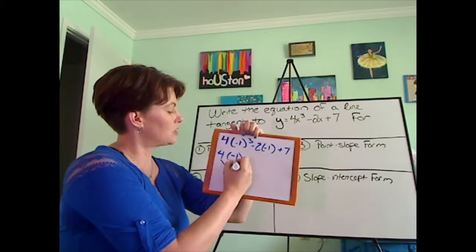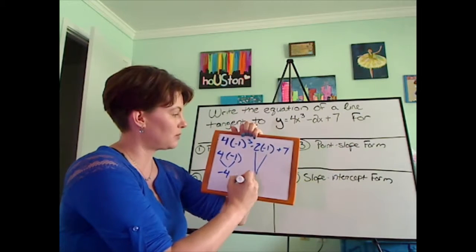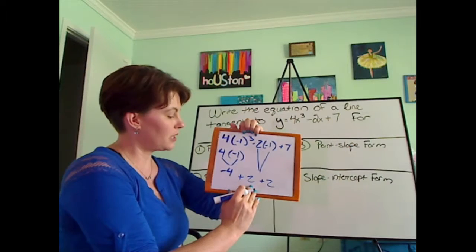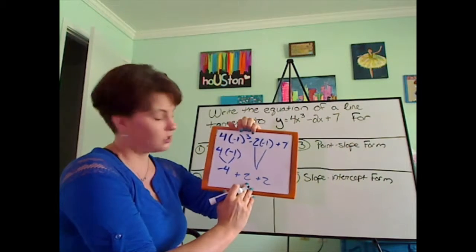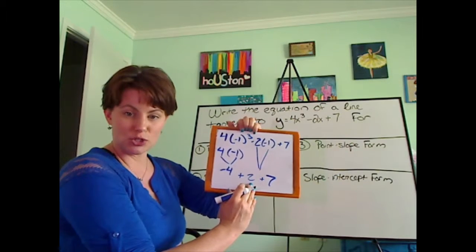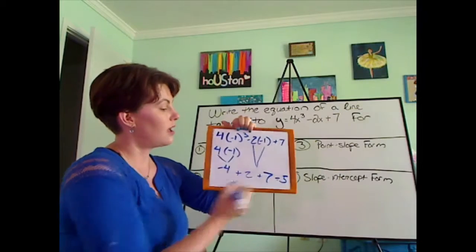And then 4 times -1 is going to be -4. -2 times -1 is going to be +2. Then we get our +7. -4 plus 2 is -2. Did I write 2 over there? I meant 7. -4 plus 2 is -2 plus 7 makes 5.